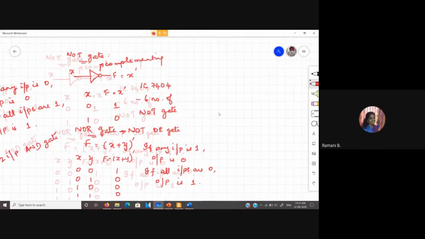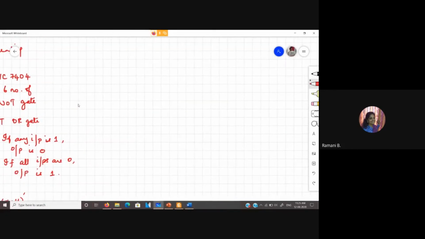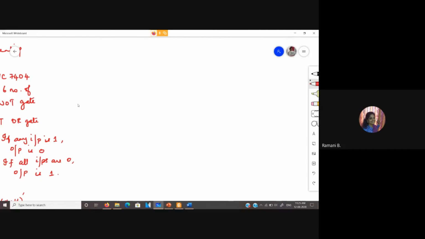Next, we shall move on to NAND gates. So similar to NOR gate, this NAND gate is also not AND. So here also the symbol will be, you have the AND gate symbol and you give the bubble in front of it.